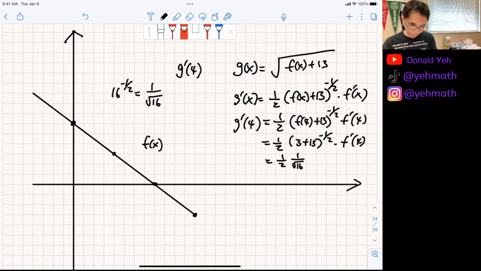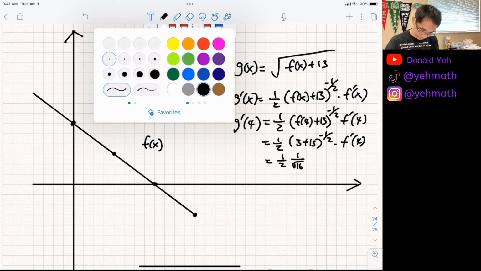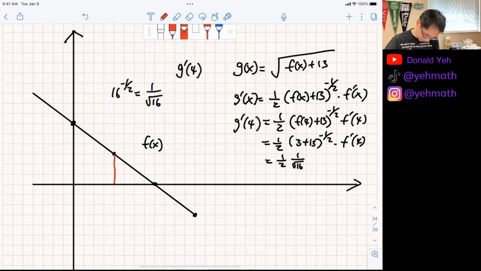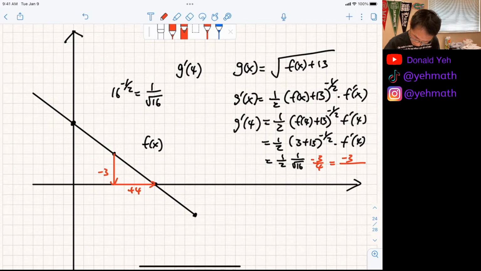What is f prime of 4? Negative 3, 4. So it'll be negative 3 over 2 times 4 times 4. So it'll be negative 3 over 32, I think. And that should be your final answer.